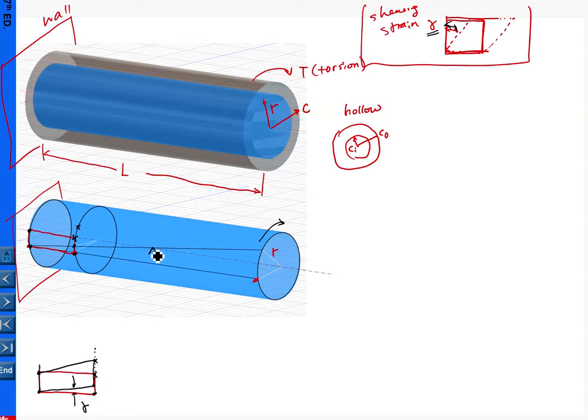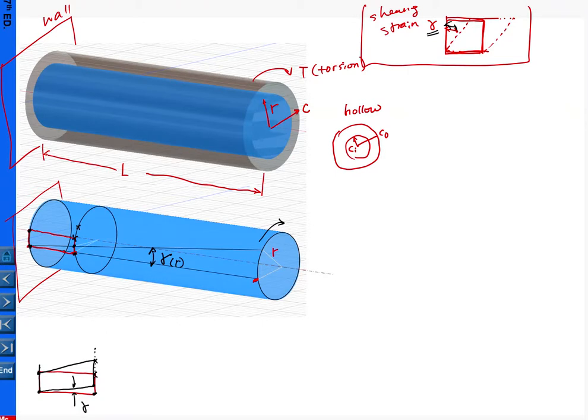Basically, this is our shear strain, and it is a function of R. Keep this in mind. So right now we have identified the shear strain, which is the angle measured by this.